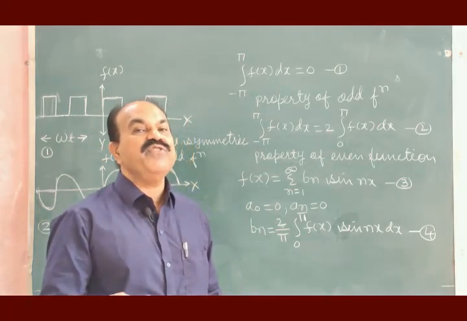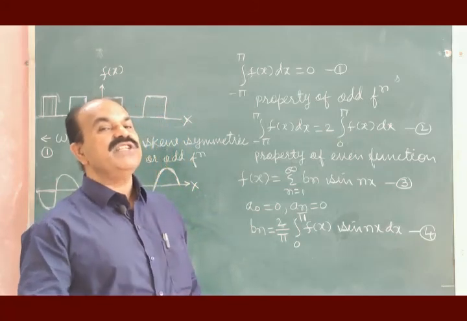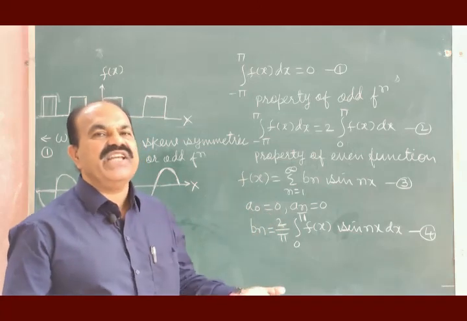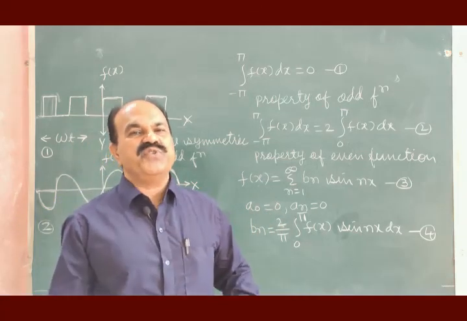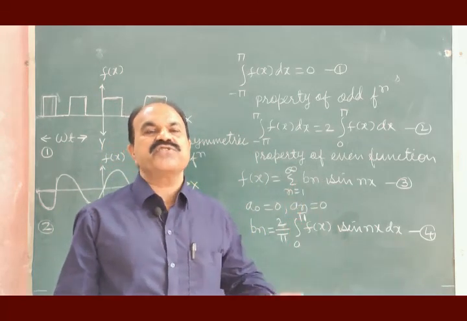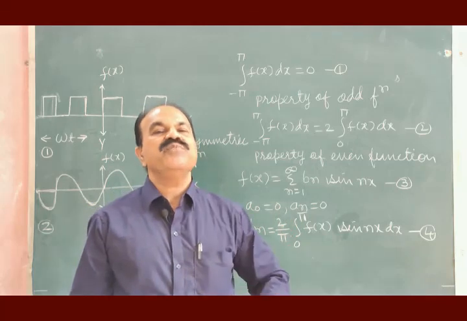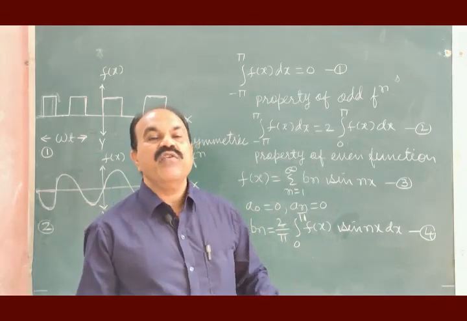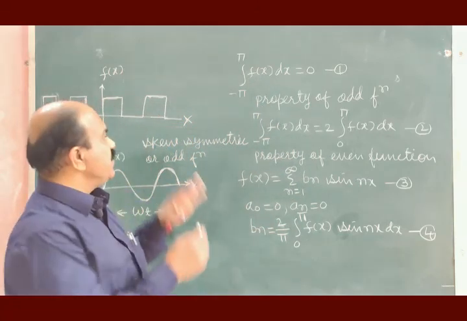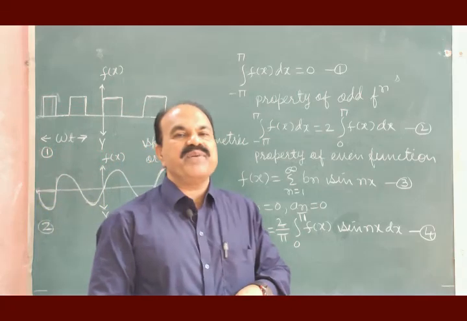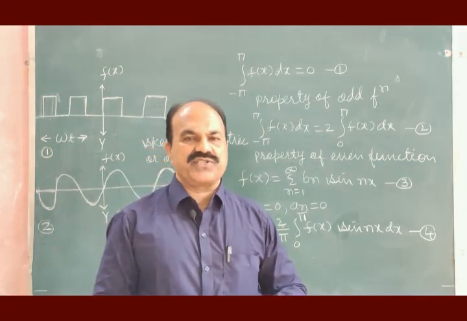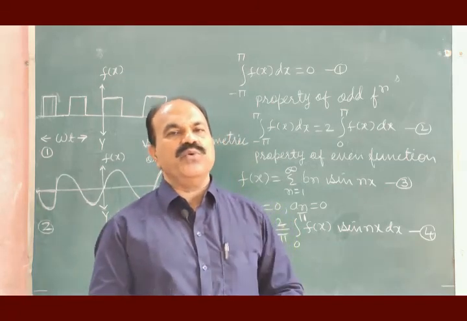At the same time, if you are asked to represent even and odd functions using Fourier series, I have shown the ways of representing them. I have also given the equations for evaluating the coefficients a0, an, bn for the even series as well as for the odd series. This is about the graphical representation of even and odd functions. It's very simple, hope you got it.